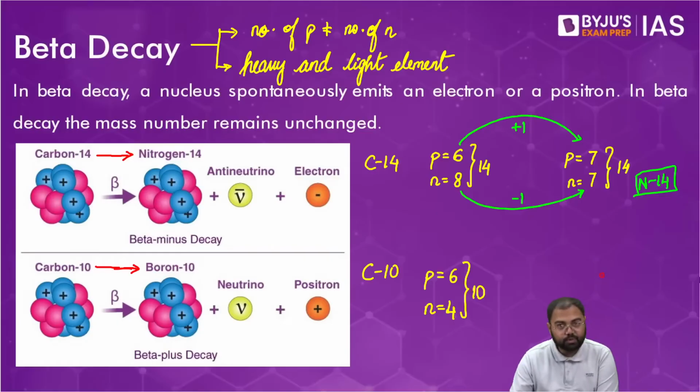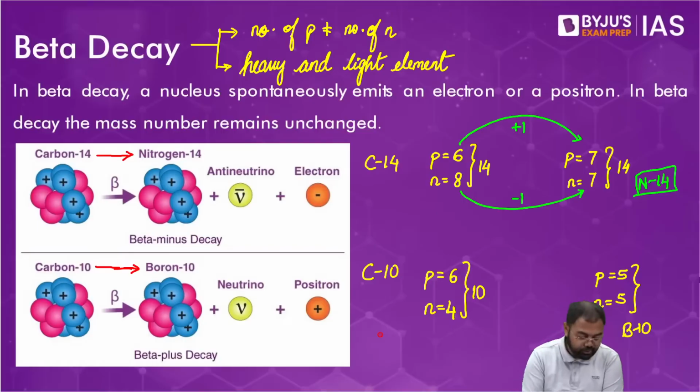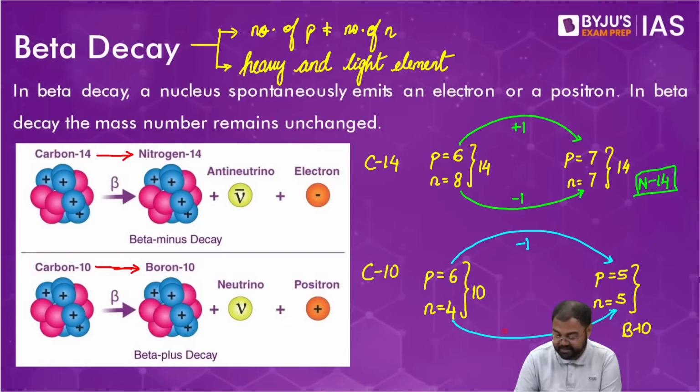So for it to be stable, this 10 needs to be 5 plus 5, and this 5 plus 5 is boron 10. So from carbon 10 we have changed to boron 10, and what is happening here is that the number of protons is decreasing by 1 and the number of neutrons is increasing by 1, meaning that this time a proton converts into a neutron to make this stability take place. So that's what's happening inside this.